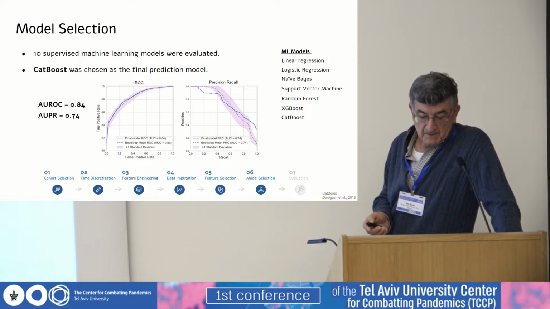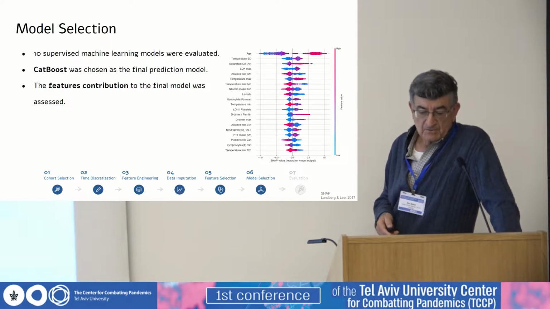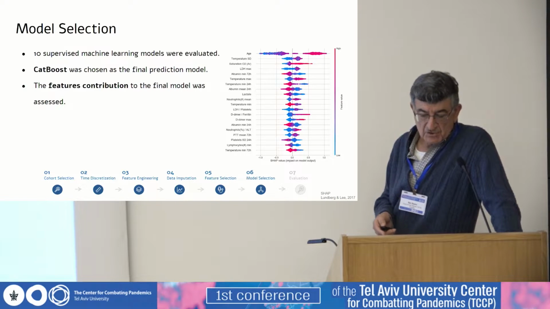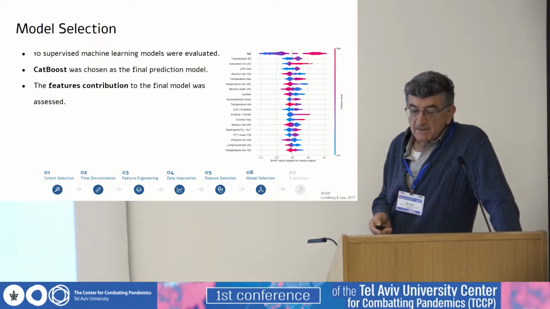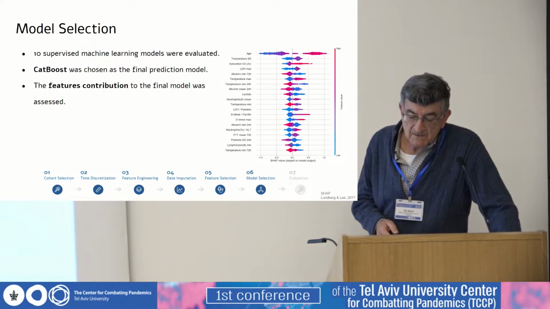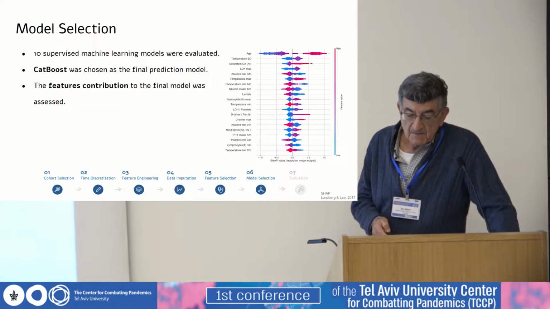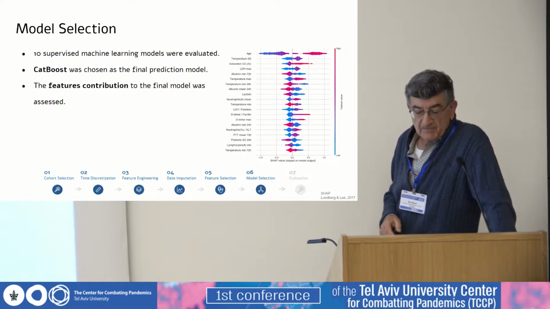So pretty decent numbers. If we look at the most important features, the feature contribution was assessed using the SHAP values, and you see here that, as expected, age, temperature, standard deviation, saturation, maximum LDH, etc., are on the top of the list.